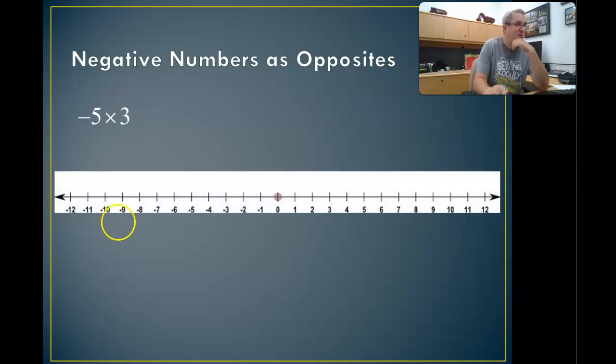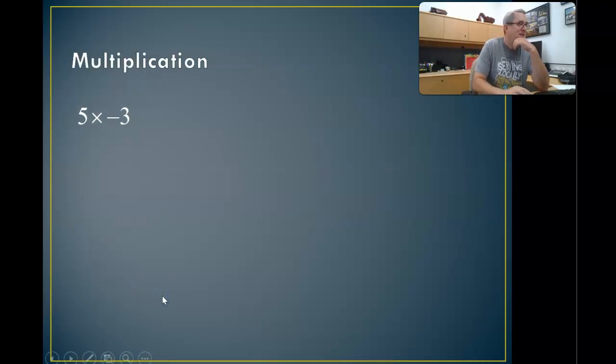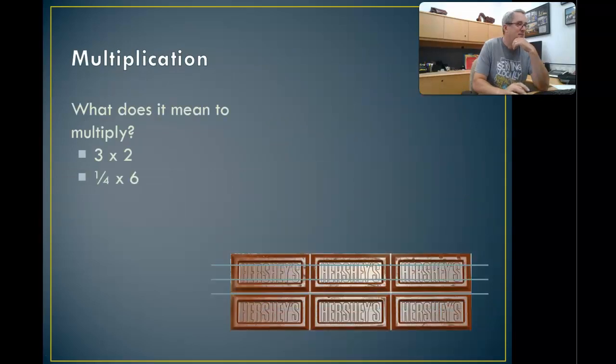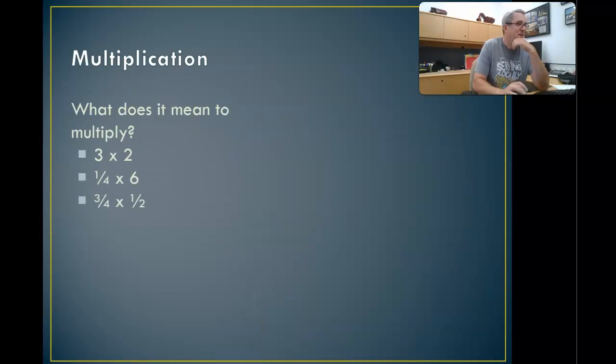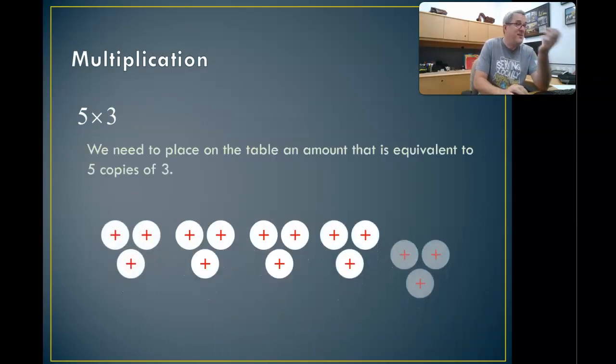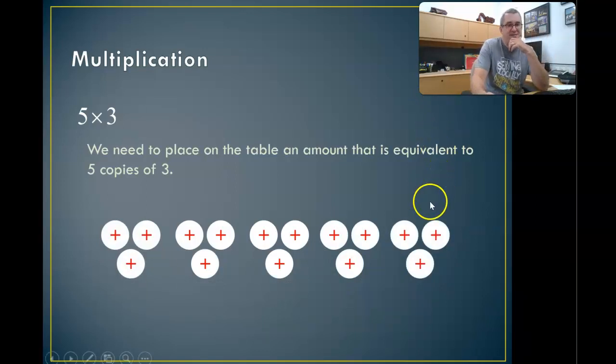So let me back up here for a minute. So 5 times 3 meant we need to create 5 copies of 3. So what would -5 times 3 mean?